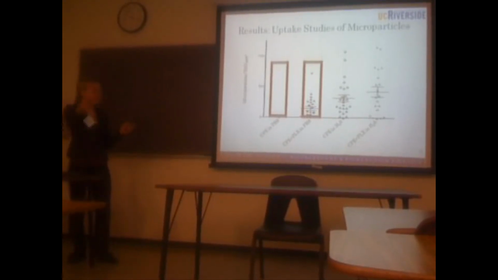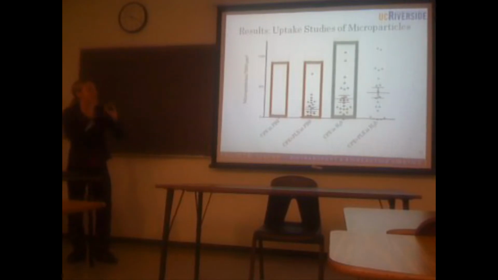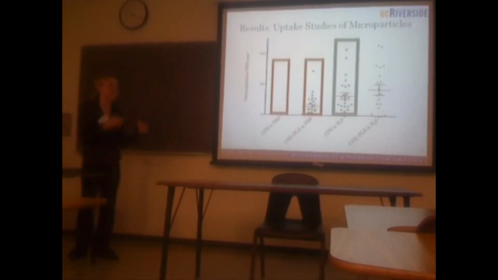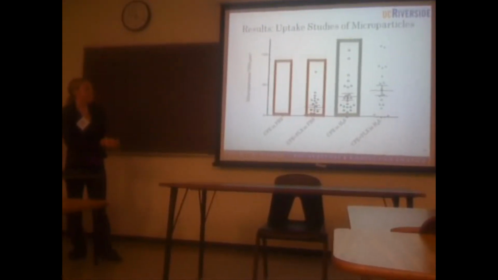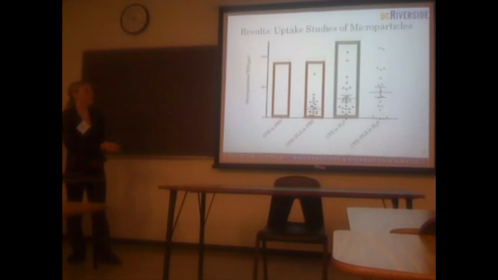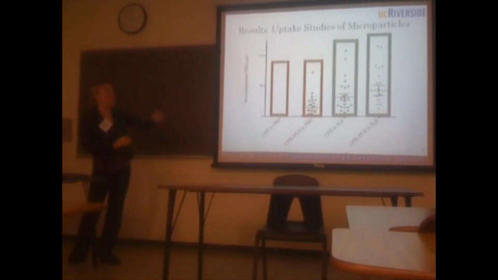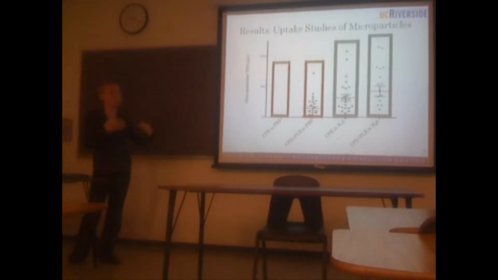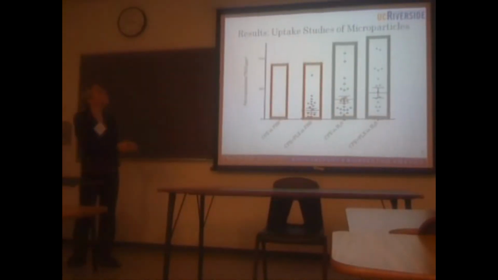But when you take your PLGA particle and run uptake in H2O, you get an even higher uptake, which is what we figured because of the ionic screening of our microparticles. When we did elastomer within H2O, you get the highest amount of uptake. Basically, deionized water with elastomer made it possible for our particles to be uptaken.